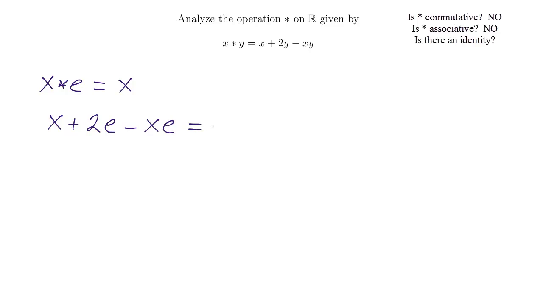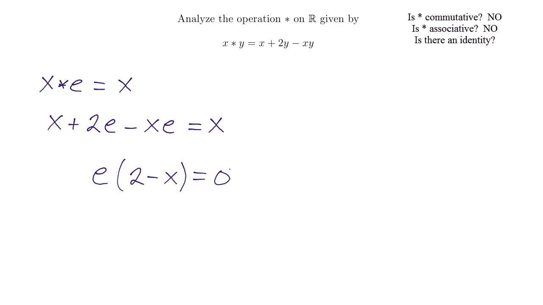We want this to be equal to x. Is there any e we could choose that would make that happen? Well, one thing you could do is try to solve for e. And if we do that, let's see, subtract x from both sides, and then maybe factor out the e, we would get that e times 2 minus x is equal to 0.